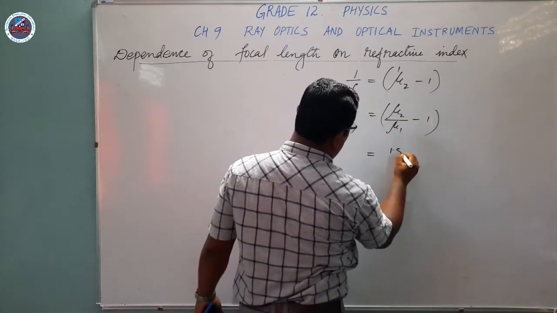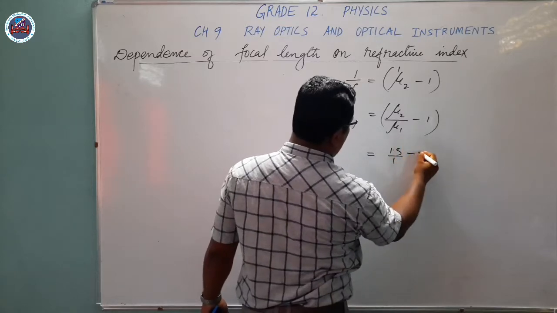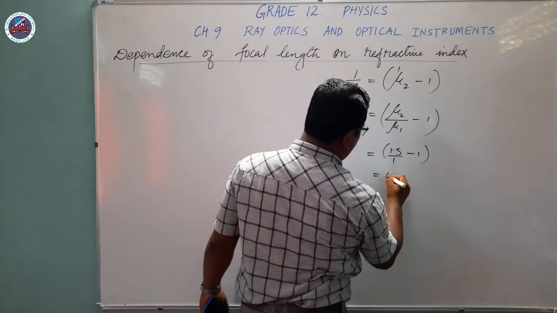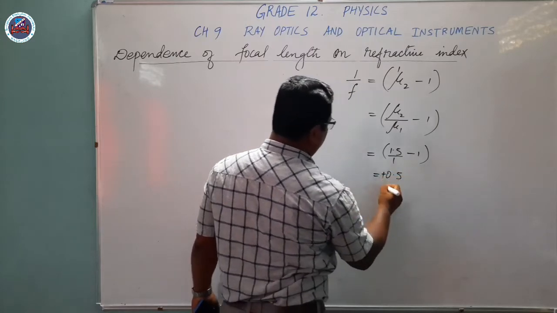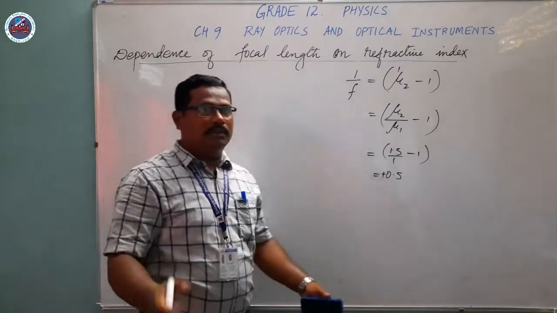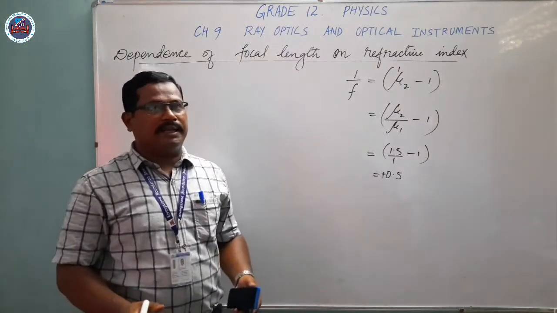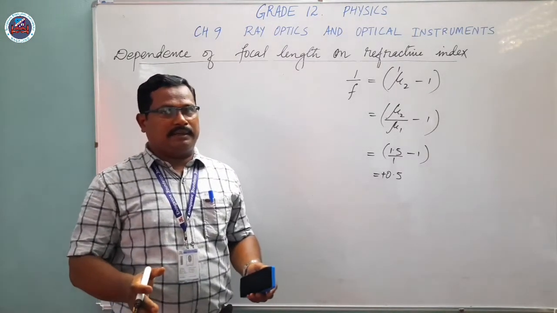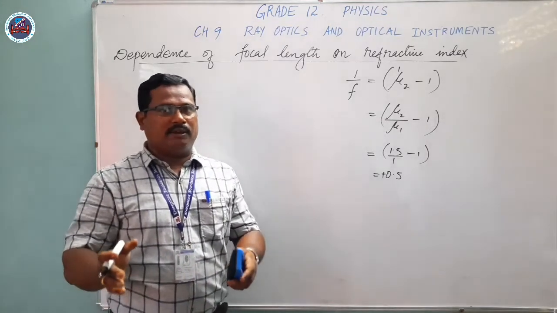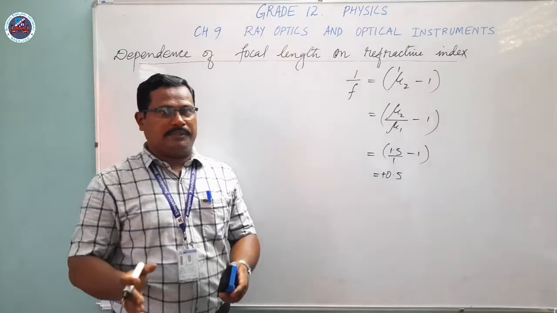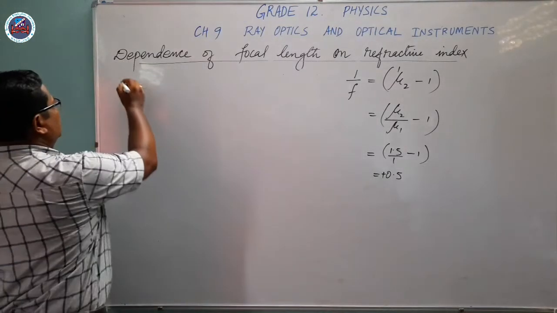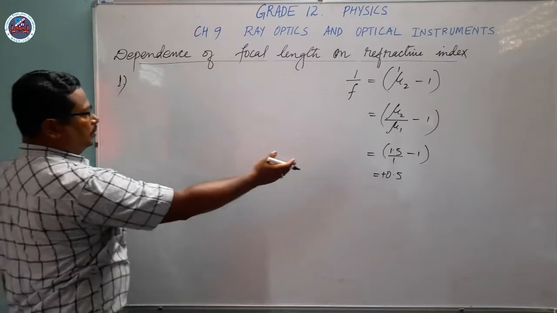Mu2 is 1.5, refractive index of air is 1. So here you get a positive result, 0.5. Now, if I take a liquid whose refractive index with respect to air is less as compared to the refractive index of the material of the lens with respect to air, then its focal length will increase. You can see you get a positive result.